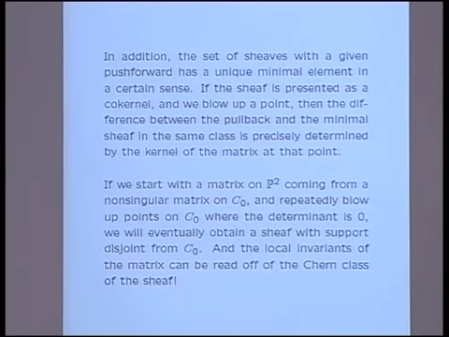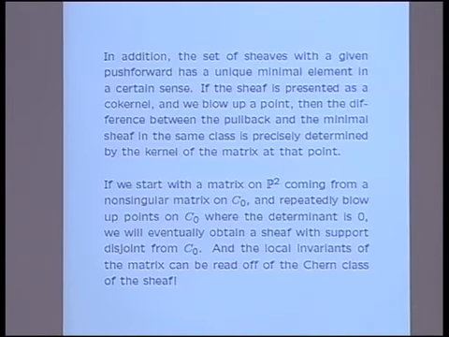Okay, and in terms of matrices, if we start with a sheaf that came from a matrix, blow up a point and take the minimal representative upstairs. Well, it turns out that when you do this blow up process, you get a certain sheaf.